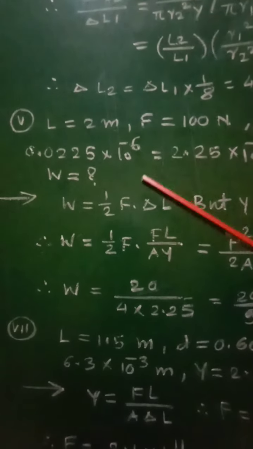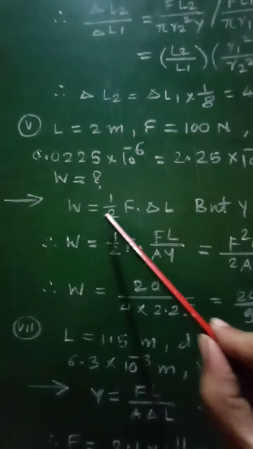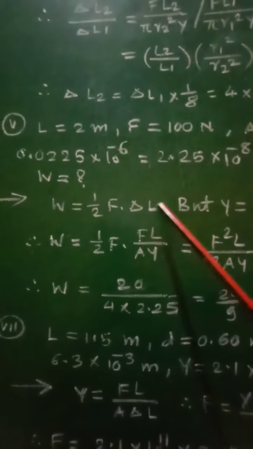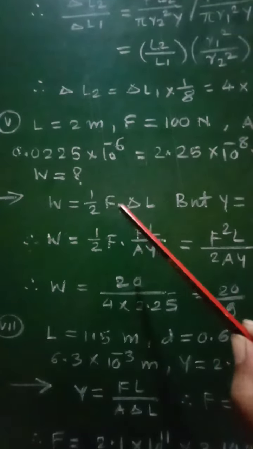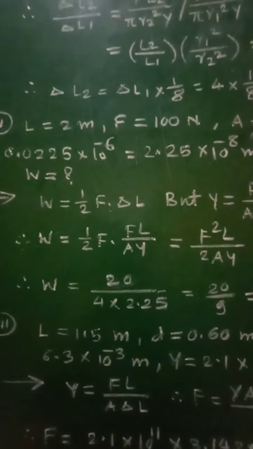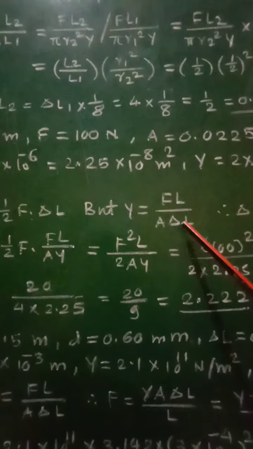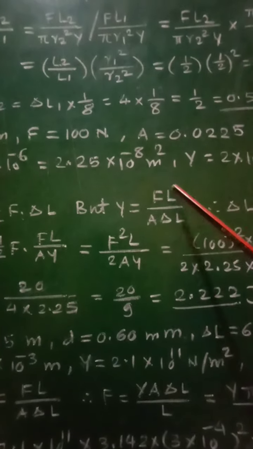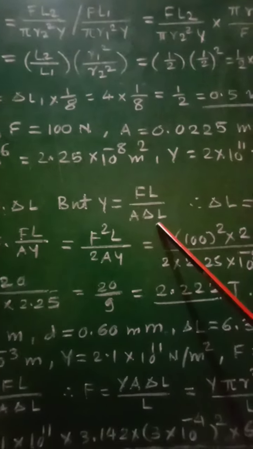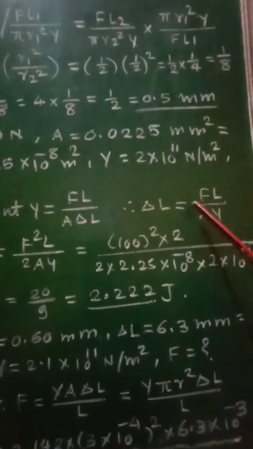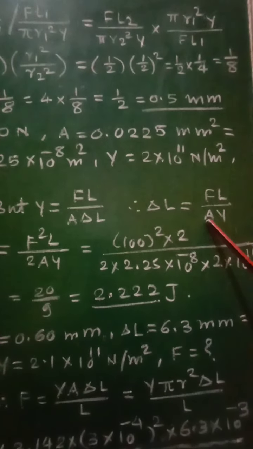Now we know the formula for work done in stretching that wire, that is W is equal to half F into delta L. As Young's modulus Y is equal to FL upon A into delta L, therefore delta L will be written as FL upon AY.